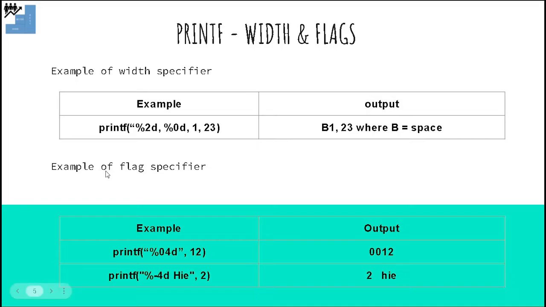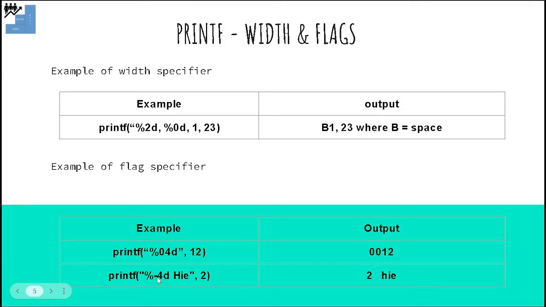Along with width specifier in the printf function, you can also have flag specifier. For example, %04d would say that the width of the printed number would be 4, and instead of space there will be 0 as a prefix.